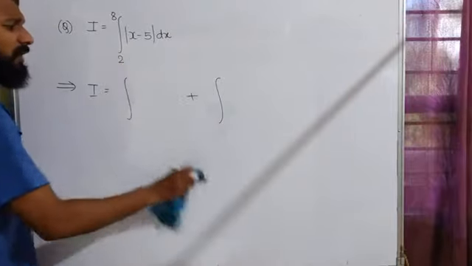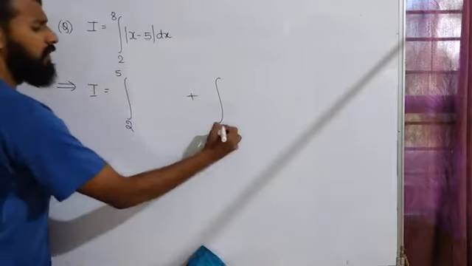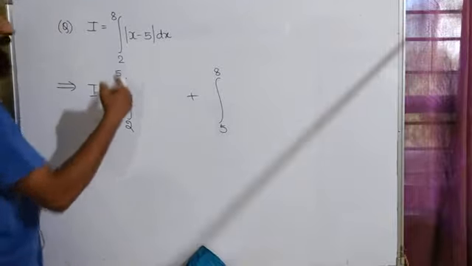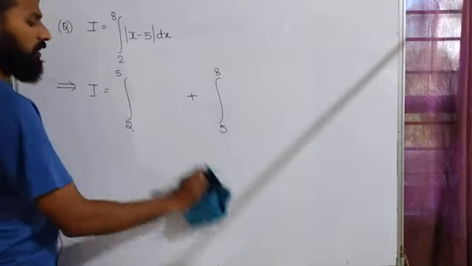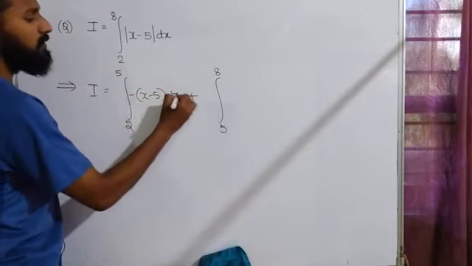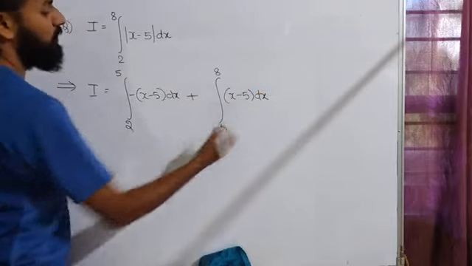That tells me I need to break the limits at 5. So 2 to 5 and 5 to 8 will be the limits. Between the first, I'll be getting a negative value, so this will be minus of (x minus 5) into dx, and plus here I'll be getting a positive value, so (x minus 5) into dx.